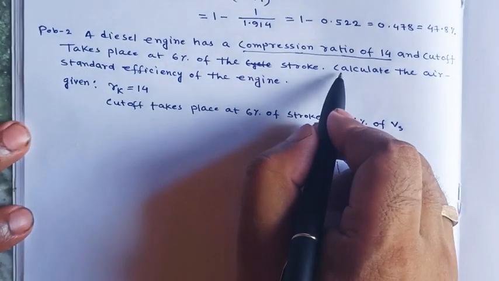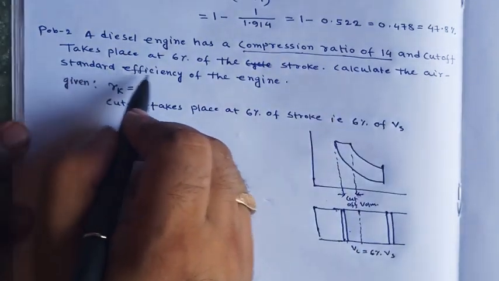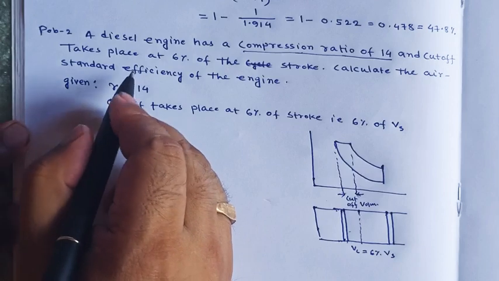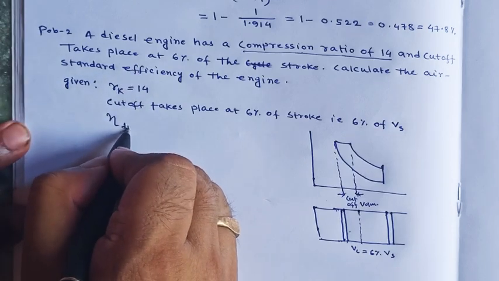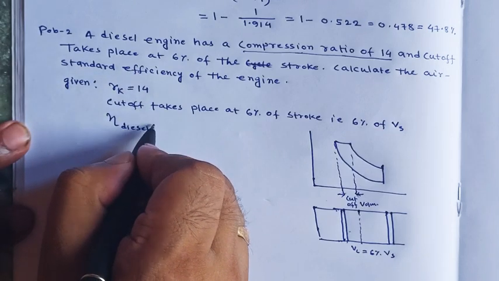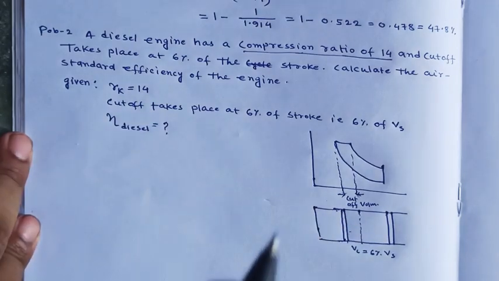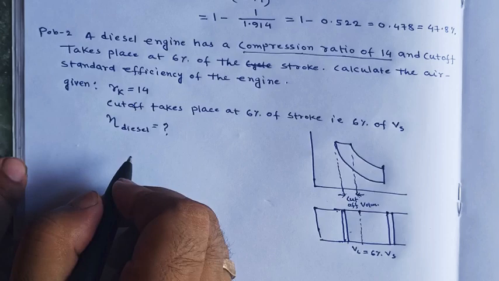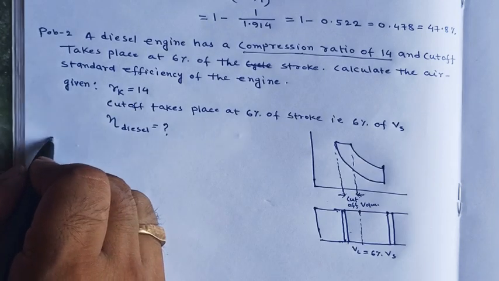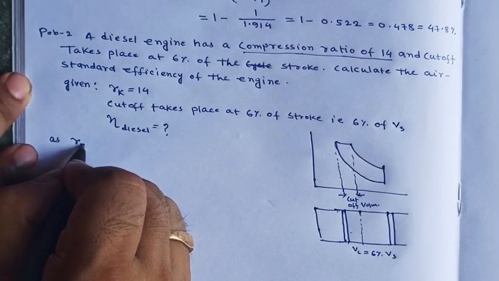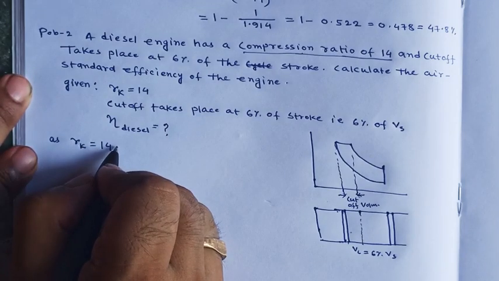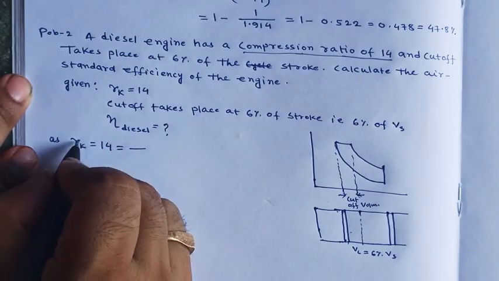Now we have to calculate the air standard efficiency of this engine. That is, we have to find the efficiency of the diesel cycle. As Rk is given as 14, what is Rk?